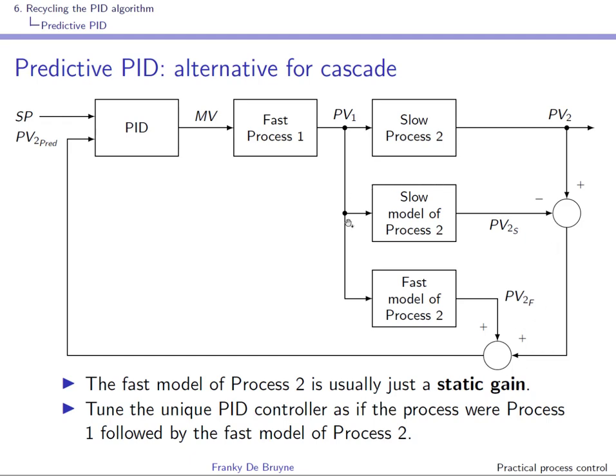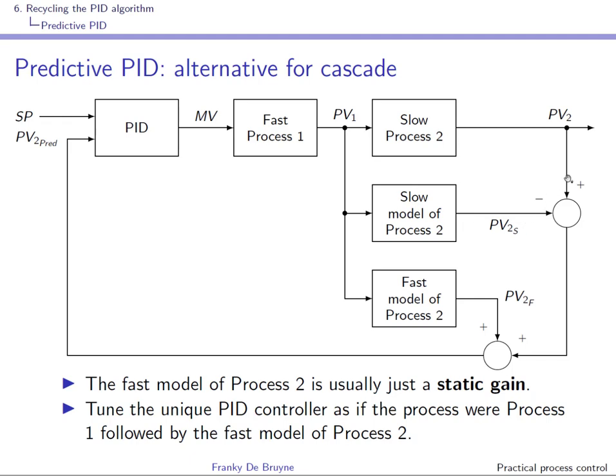As usual, what we'll do is use a slow model of process 2 in parallel, to detect disturbances on the output and to see if there are errors in the static gain.